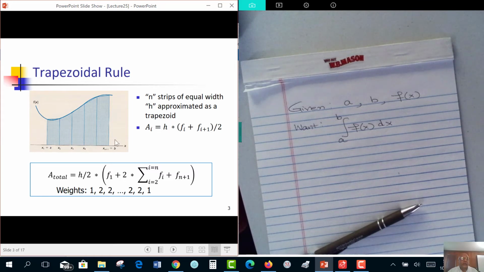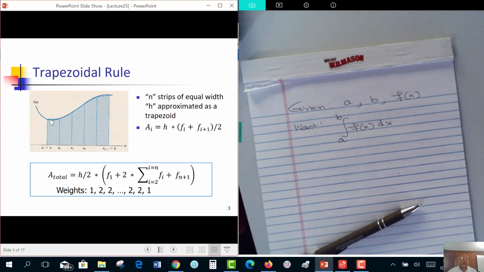When we number our x values starting from x1, we'll have x1 and x2 enclosing the first strip. If we go to the nth strip, we will be enclosing it between xn and xn plus 1. So we'll have n plus 1 points.